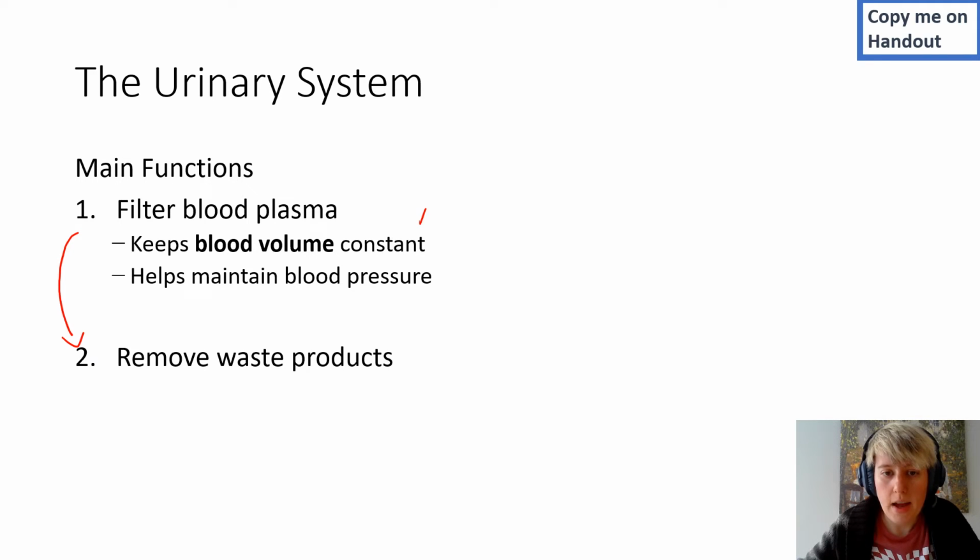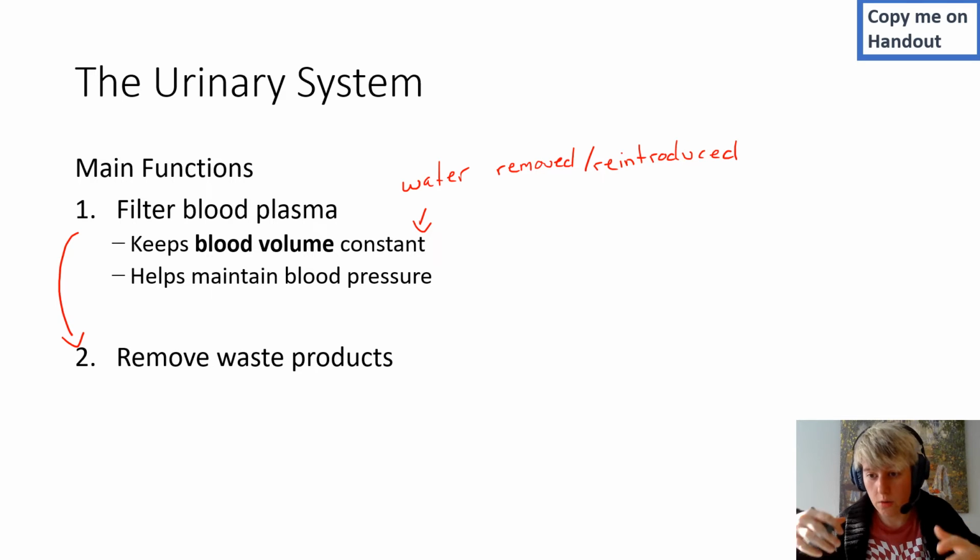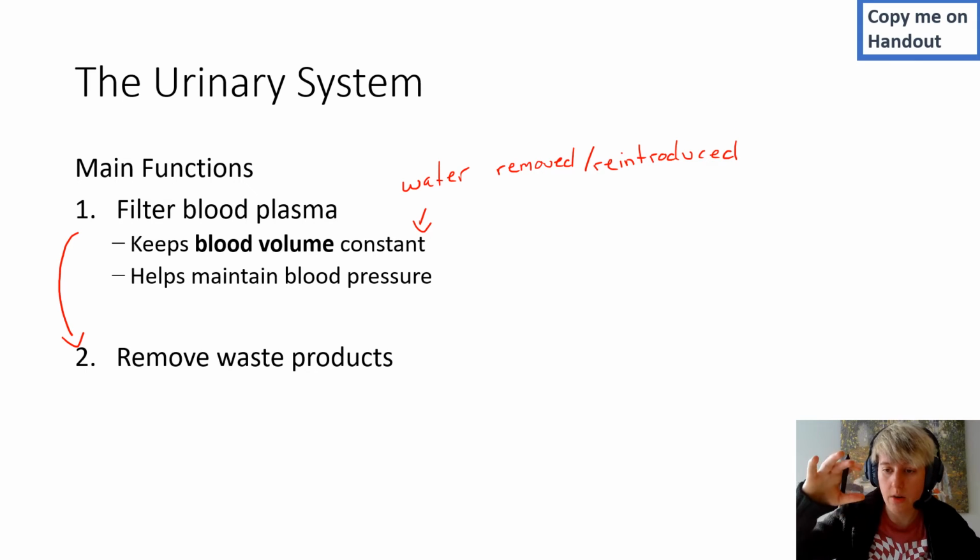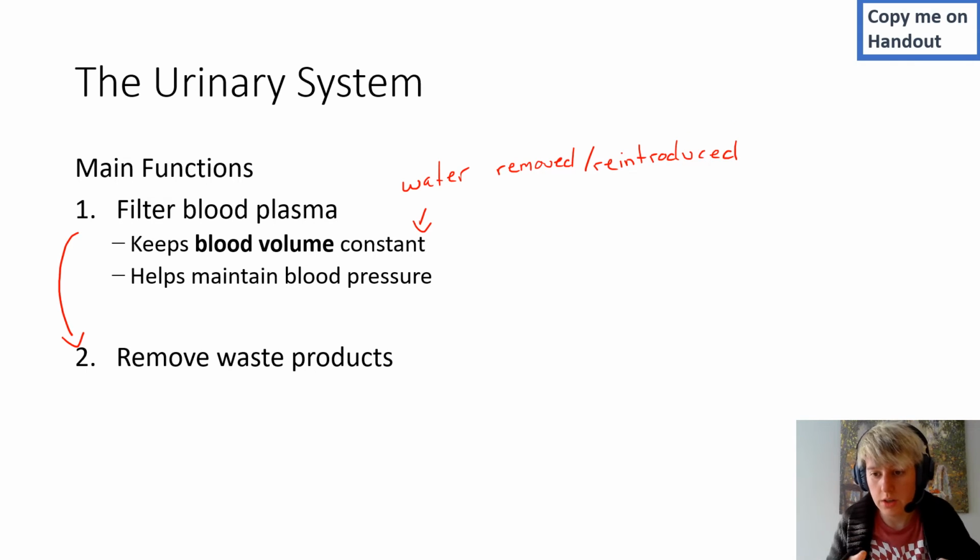So what happens here is that water is either removed or reintroduced to make sure that the blood volume is that constant 5 liters throughout the entire body. And this also maintains blood pressure, because if water needs to go in or out, it's making sure that the blood pressure is adequate so that the blood can flow throughout the entire body. And again, waste products being removed.